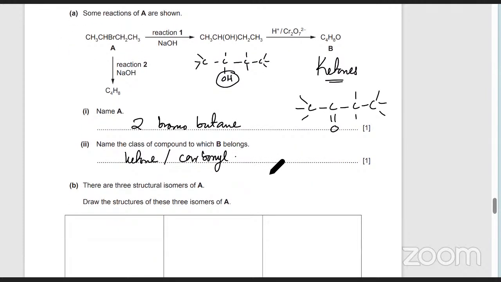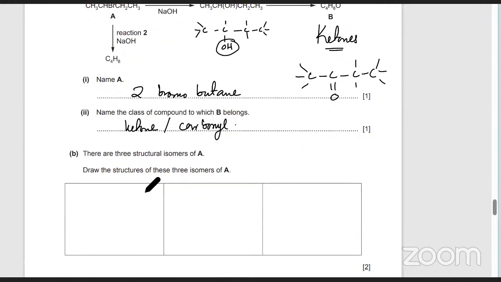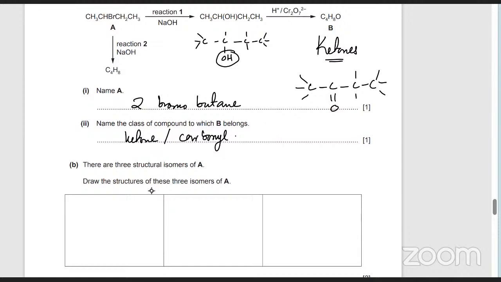Now there are 3 structural isomers of A. इसके draw those 3 isomers. तो क्या होगा? 3 isomers of bromobutane. Where should I put the Br now in an isomer?